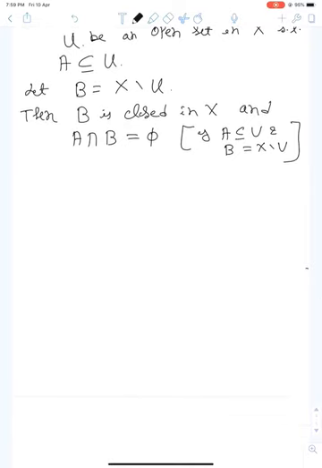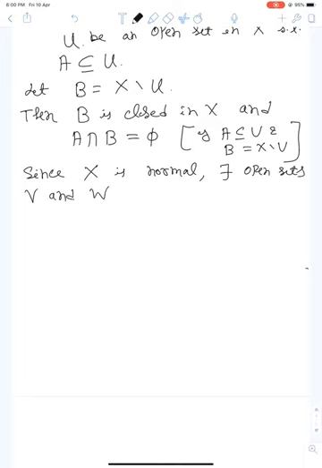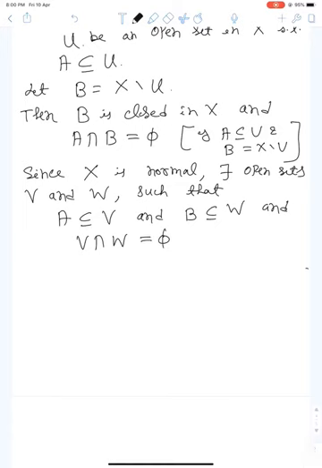Okay. Now since X is normal, there exist open sets V and W such that A is a subset of V, B is a subset of W, and V intersection W is empty.